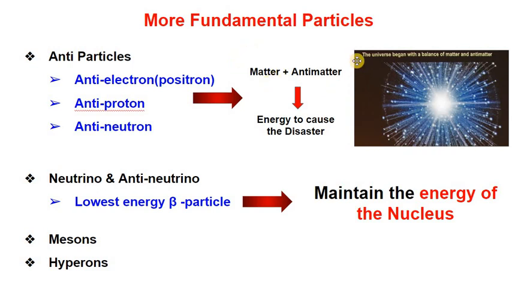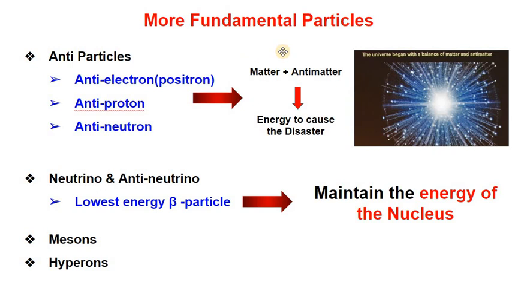When matter and antimatter come into contact, energy is released that causes disaster, that means destruction occurs. So matter and antimatter cannot come close to each other. We live in a region where only matter is present, not antimatter. It is thought that antimatter is present in a region which is far away from us.